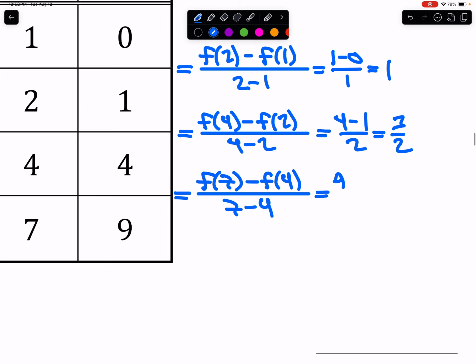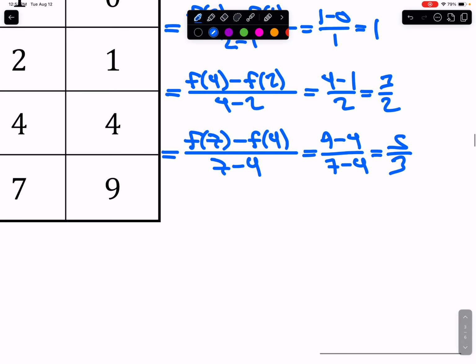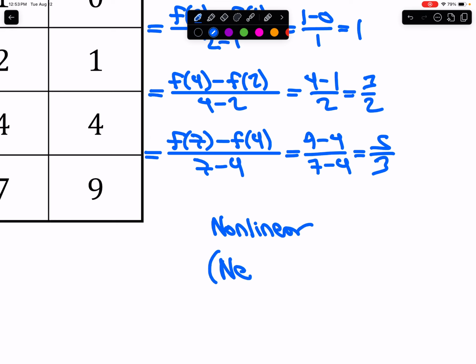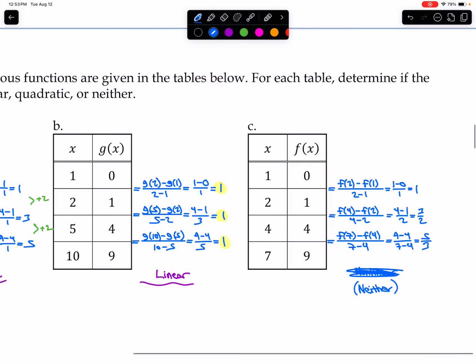So my outputs, we're going to have 9 minus 4 over 7 minus 4. So that's going to be 5 over 3. So it's not increasing or changing at the same rate, so all we can say about this is that it is nonlinear. But really, it's neither linear nor quadratic, so really the answer would be neither.